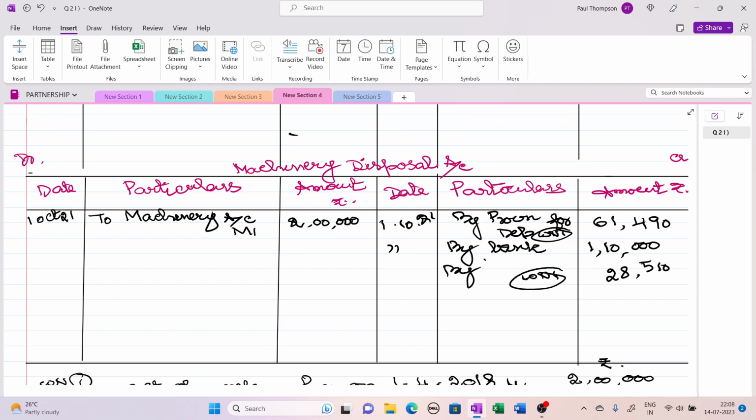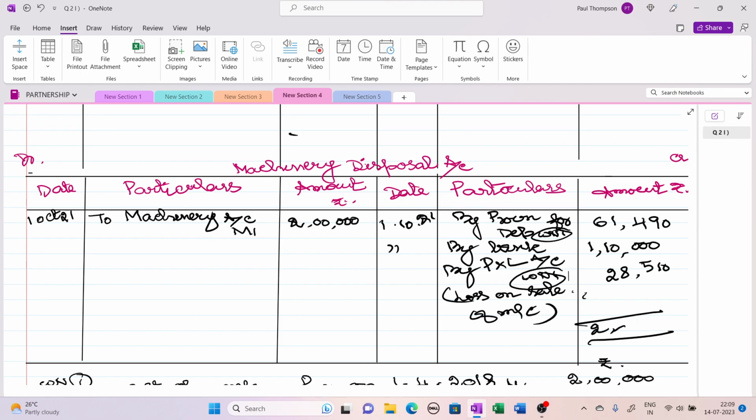This will go to the P&L account on the debit side because it is a loss on sale of machinery. You can write it very well here, loss on sale of machinery in the bracket. Okay, so this account is now closed.